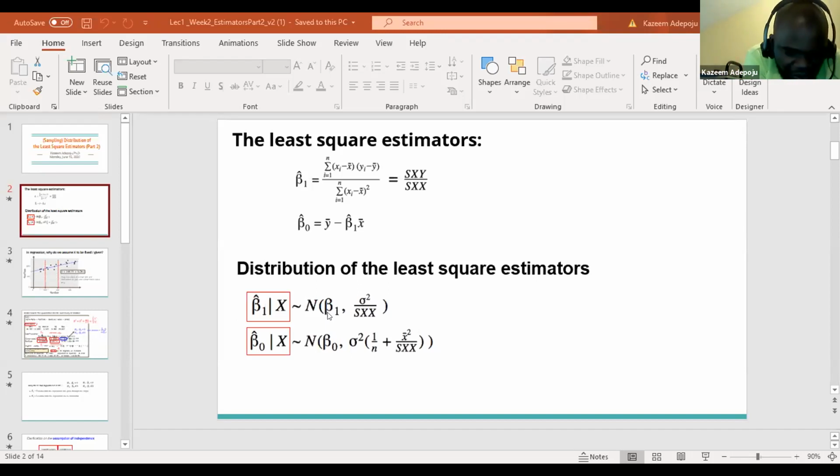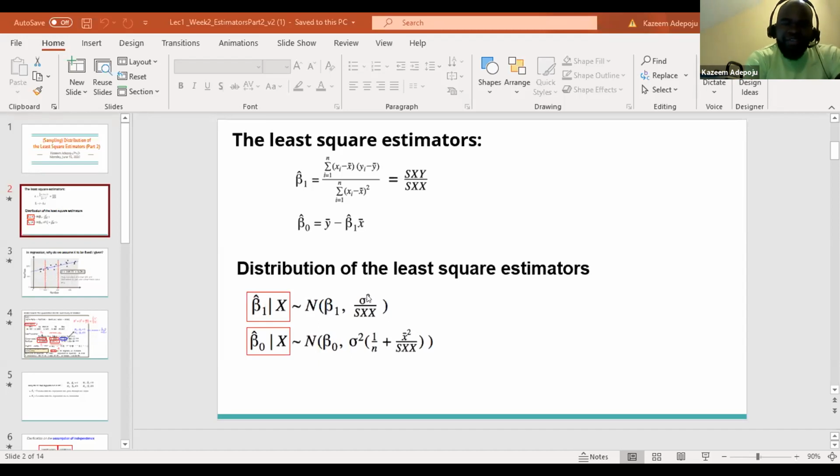When I have different values of beta one cap and find the mean of them, that will give me the true value. This is the same as saying the expected value of beta one cap is beta one. And this is the variance.